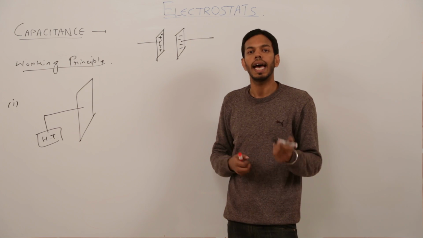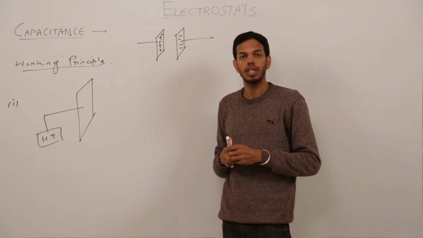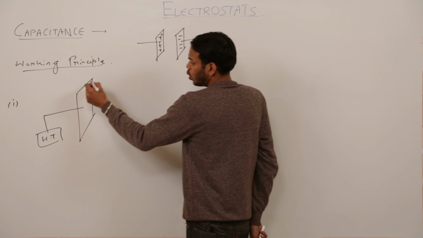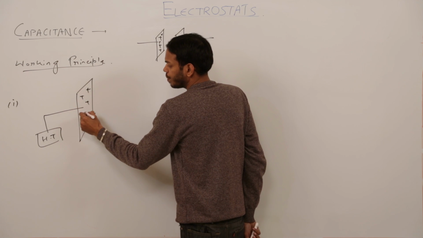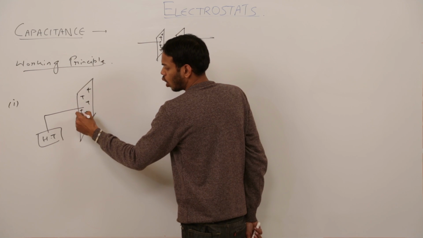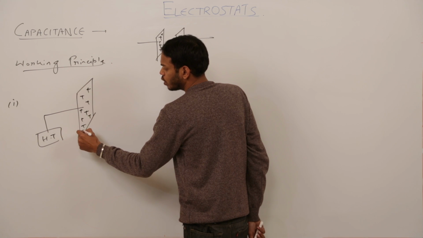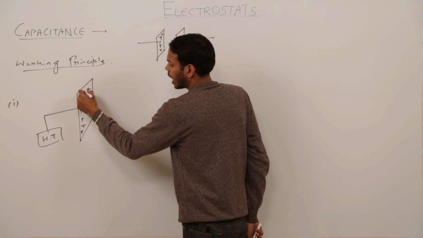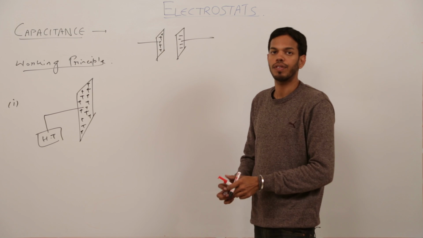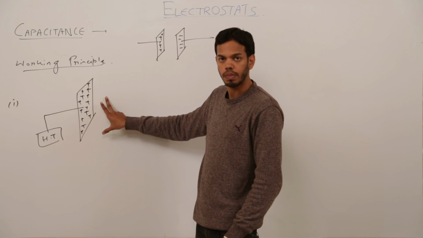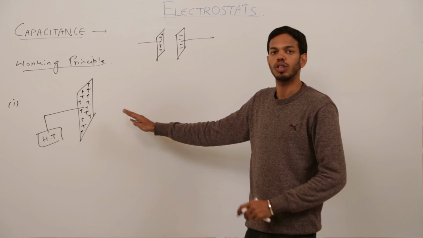Every conductor has some limit of storing charge, right? So let us assume that a lot of charge has transferred to this plate, and now no more charge can be accommodated on it. So it has reached its saturation limit.